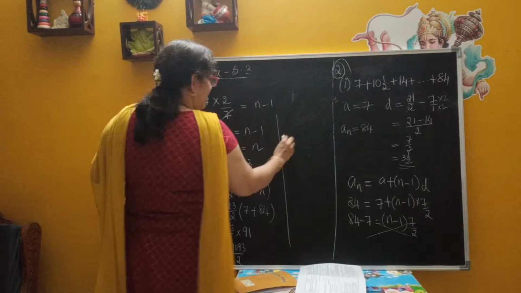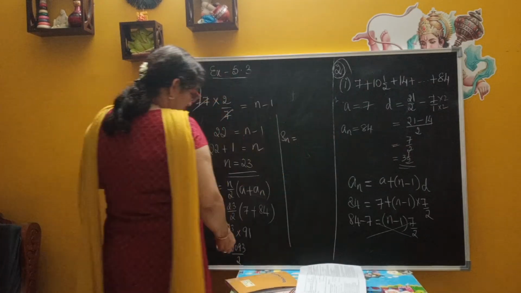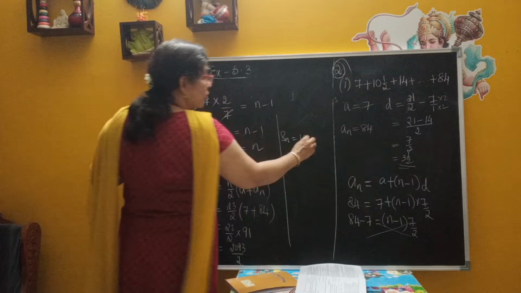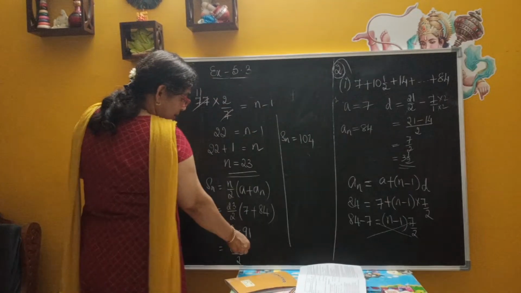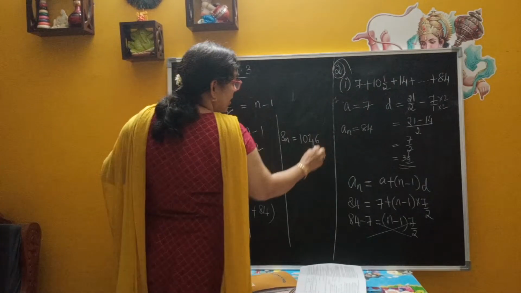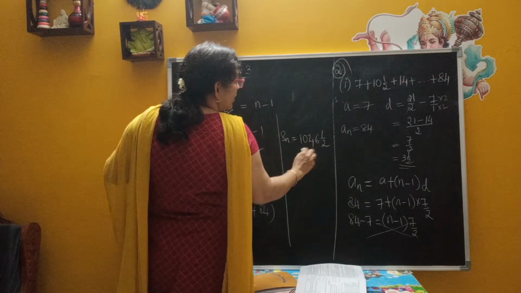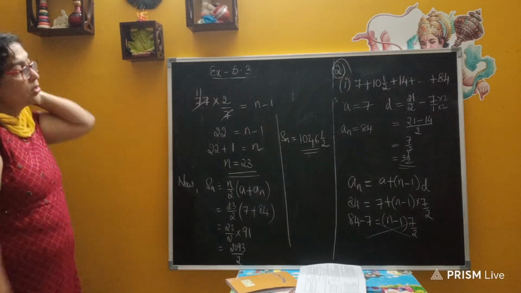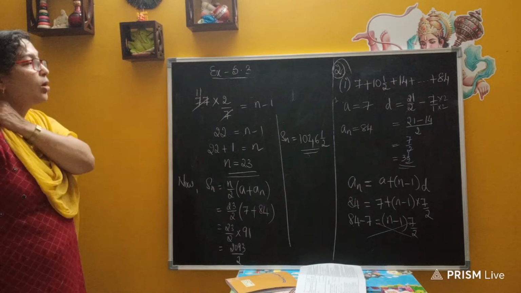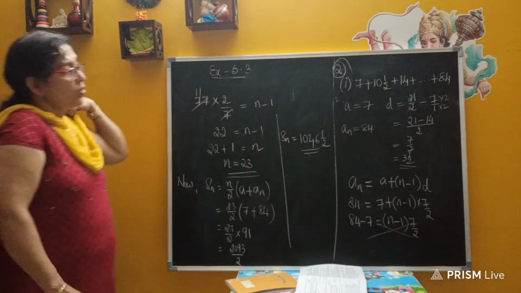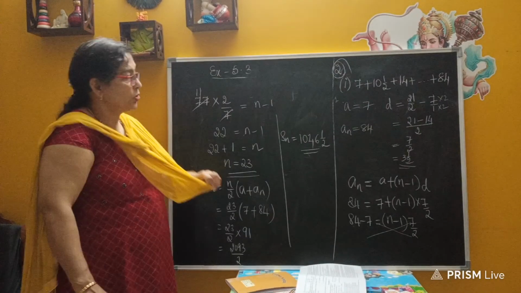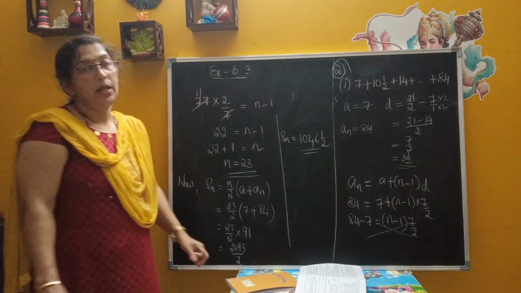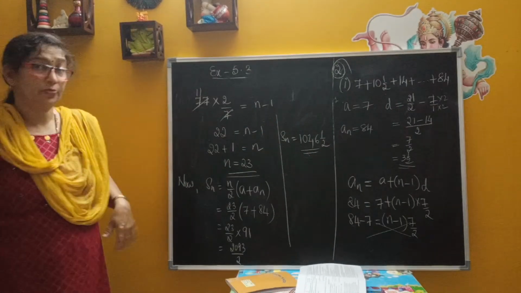So finally Sn is equal to 2 1s are 2, 0s are 0, then 2 4s are 8, 1 remains, 13, 2 6s are 12, 1 remains, so 1 by 2. Okay, 1046 1 by 2, that is the sum of the terms of this AP. So Sn is equal to 1046 1 by 2, or 1046 and a half.